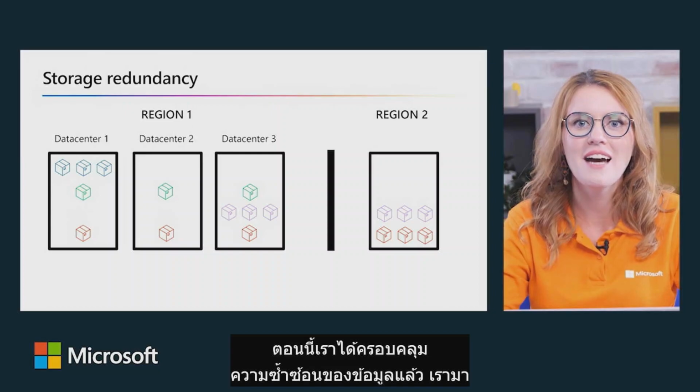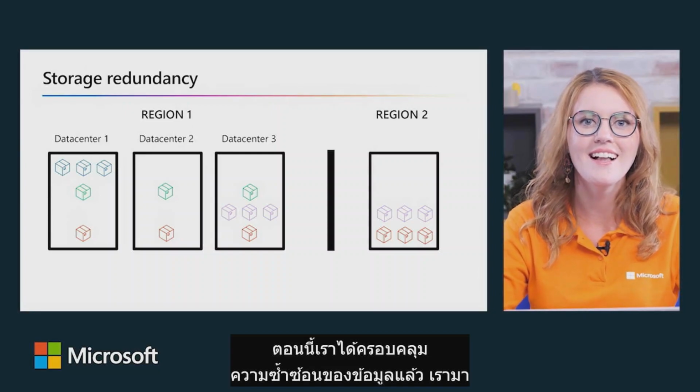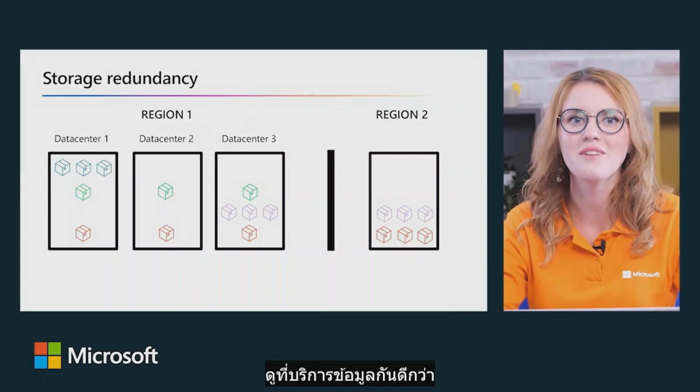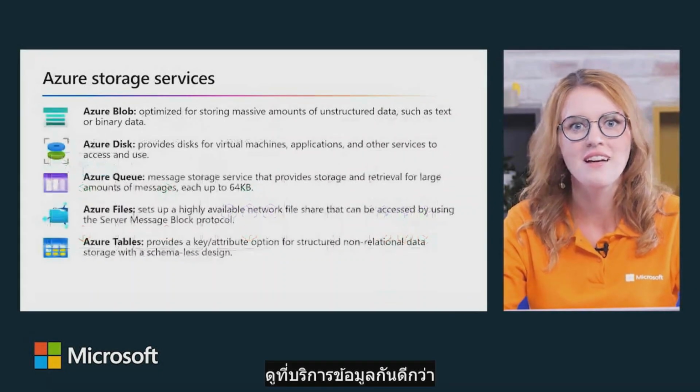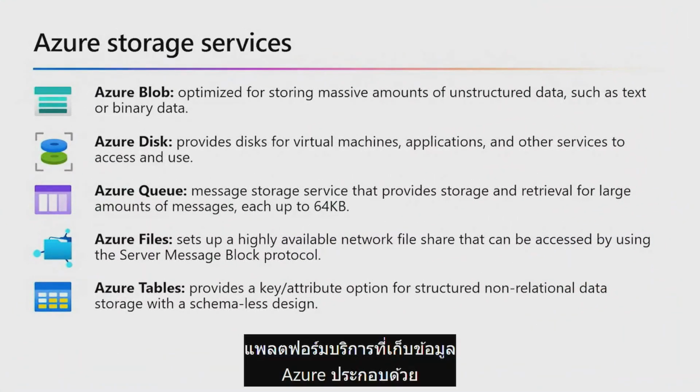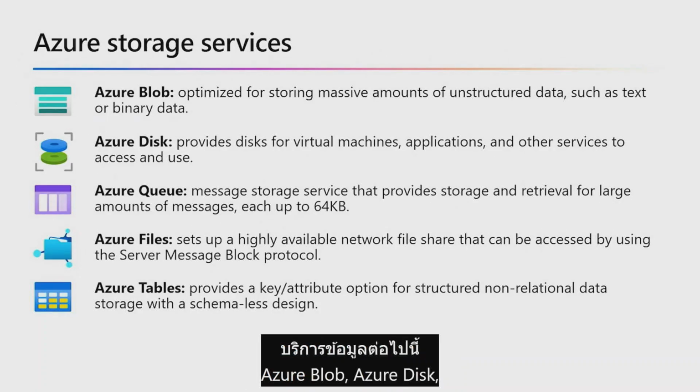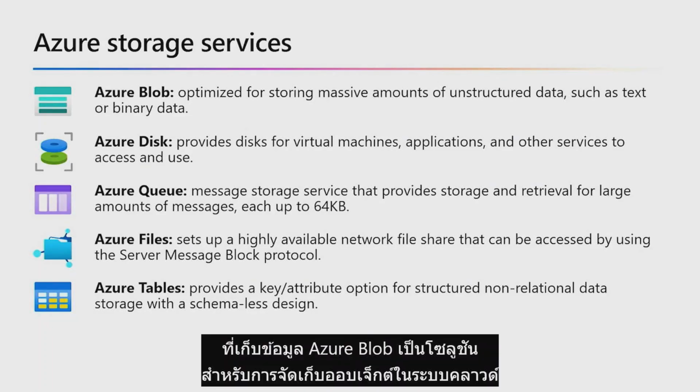Now that we have covered data redundancy, let's move on to data services. The Azure Storage Service Platform includes the following data services: Azure Blob, Azure Disk, Azure Queue, Azure Files, and Azure Tables. Azure Blob Storage is a solution for storing objects in the cloud.